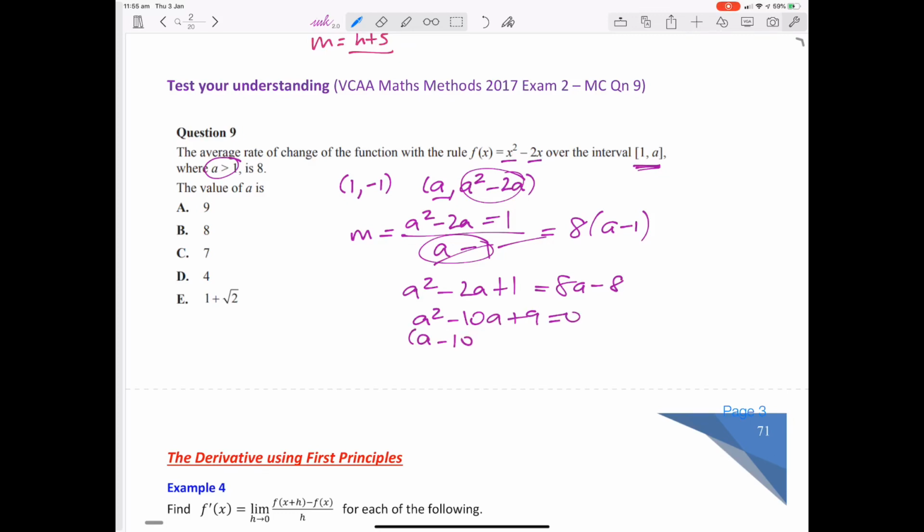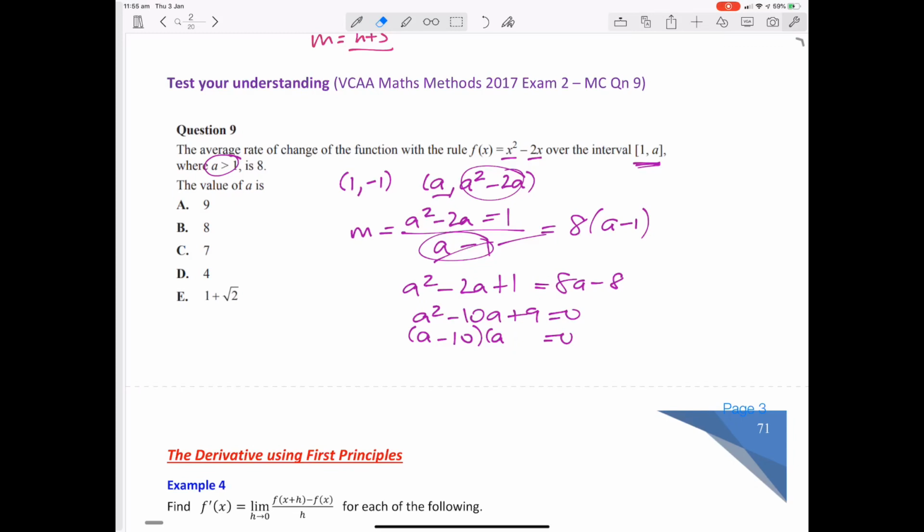So a minus 9, a minus 1 is equal to 0. So a equals 1 or 9. But we know 1 can't be a solution because a has to be greater than 1. So a must equal 9.